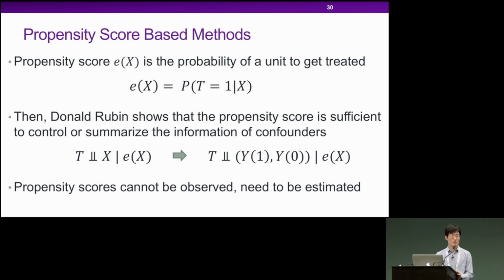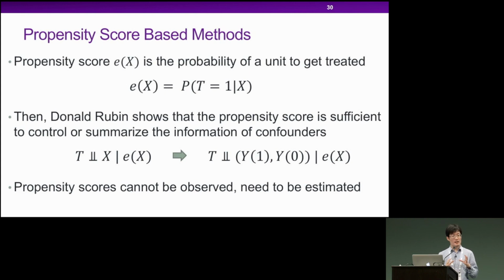That means if you just control the propensity score, it has an equal effect to controlling X. Given the propensity score, we can guarantee that the treatment is orthogonal with X, and also orthogonal with the potential outcome. So that's the way to solve it.